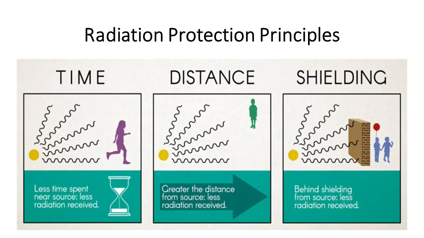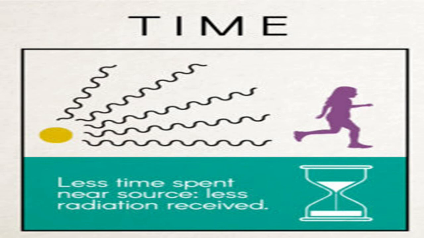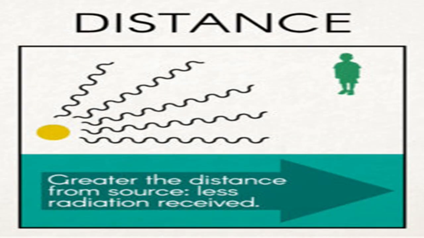There are 3 radiation protection principles, which is time, distance, and shielding. The less time that you spend in a source, the less radiation you will receive. And then, the greater the distance from the source, the less radiation that you will receive. Or if your distance is nearer to the source, the more radiation that you will receive.